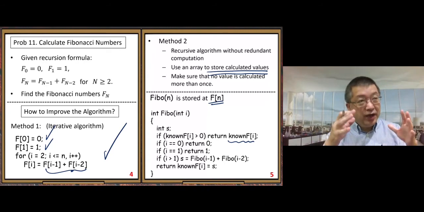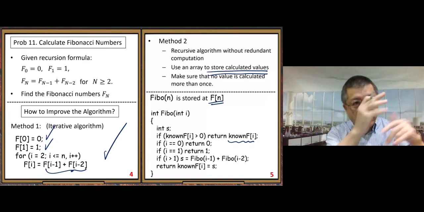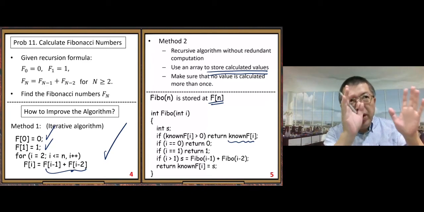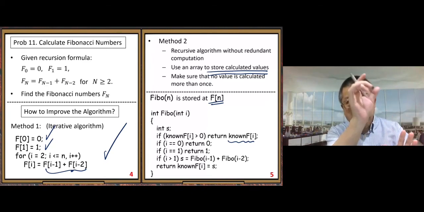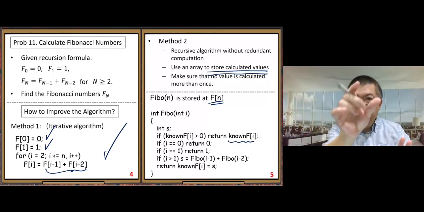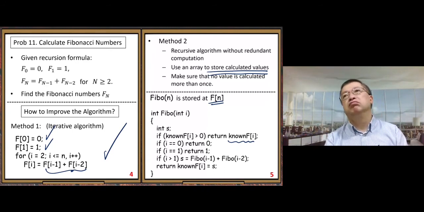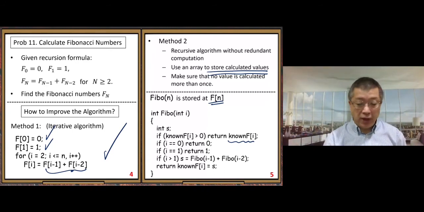Now we modify our original recursive algorithm, but we put in one more step, checking if the current Fibonacci number is known or not. That simple step. All right, let's start.